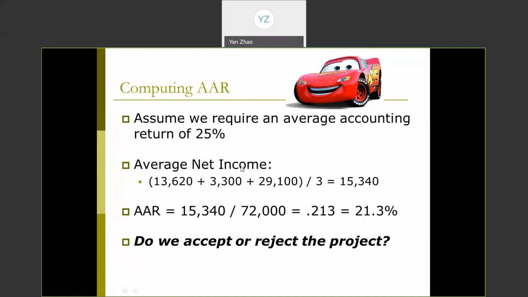The average net income will be the average net income of the 3 years, which is $55,000. The average book value is given as $72,000. So the average accounting return is 21%. Well, if the manager sets a 25% return as the minimum acceptance rate, should you accept or reject the project? You should reject, because the project only pays you 21%, which is less than your required rate of return.